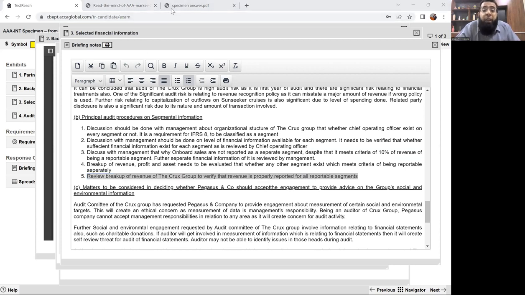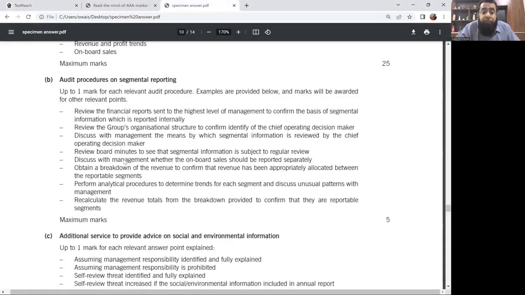Okay, so you can refer that all the procedures we have written are part of the marking scheme. Discuss with management whether onboard sales should be reported separately. Obtain breakdown of revenue to confirm that revenue has been appropriately allocated. Perform analytical procedures to determine the trends for each segment and discuss unusual patterns.